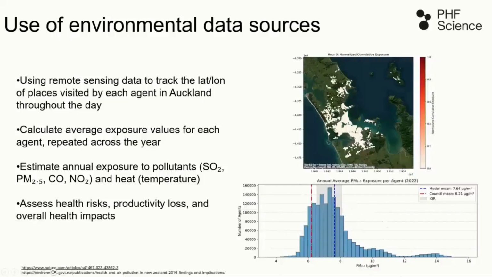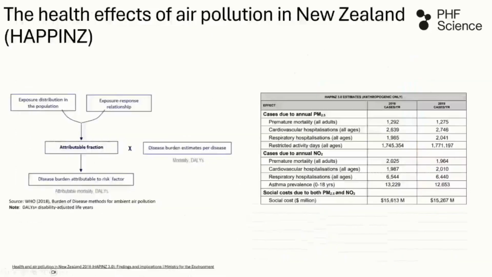So the way that we can utilize this is that for each of the agents, we have a specific value that we can derive precision risk assessment for. And utilizing information in terms of DALY values, which we are using from HAPPINS, it is possible to calculate the attributable fraction of risk. So essentially, if a person is exposed to more than 10 micrograms per cubic metre, what is the associated risk for that person?